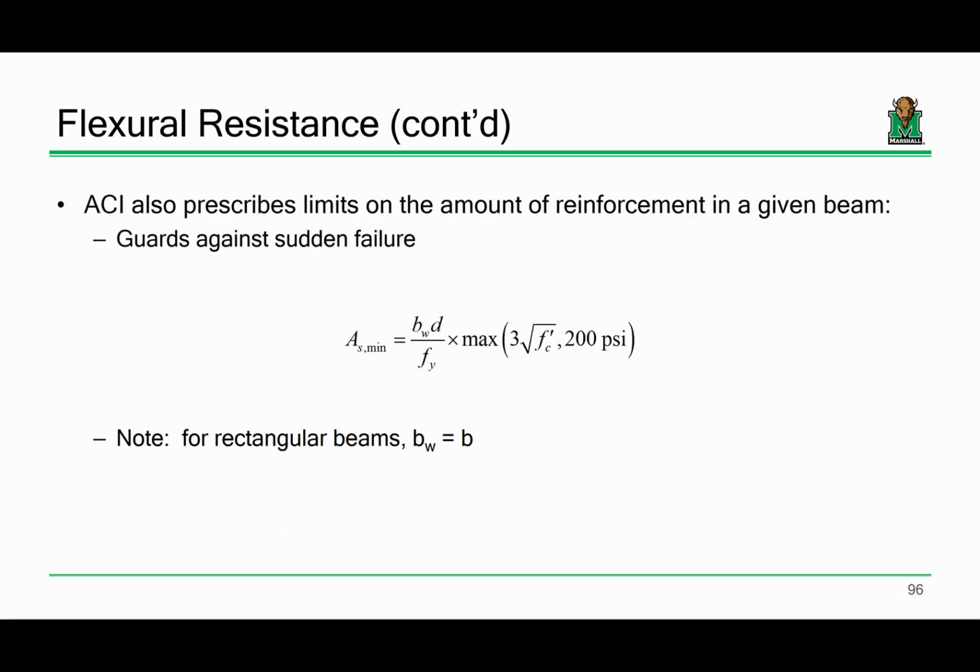Okay. All right. Here's another limit. ACI places a limit on the minimum amount of steel that you can put in a beam. Basically what ACI is saying is, I don't care how much steel you actually need from a capacity standpoint, you have to at least provide that much, okay? Now in reality, in beam design, very rarely will you approach that limit.